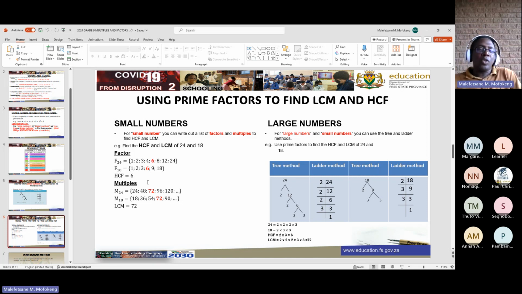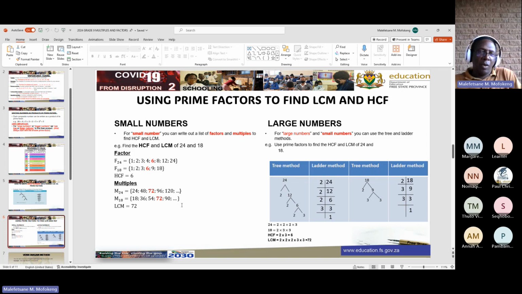Multiples. We can also use the multiples of small numbers to find the LCM. The multiples of 24 are 24, 48, 72, 96, 120, and so on.